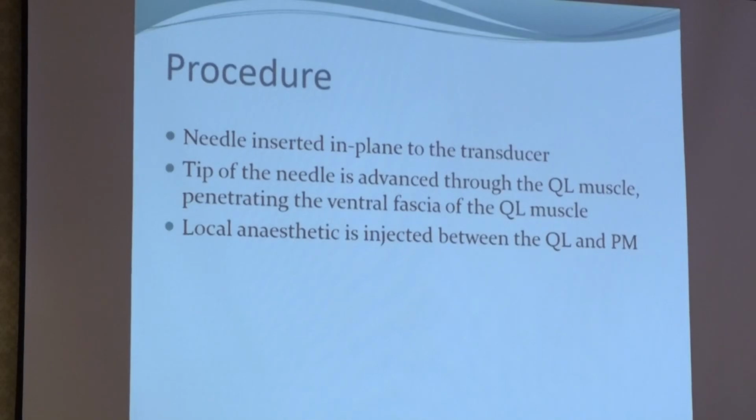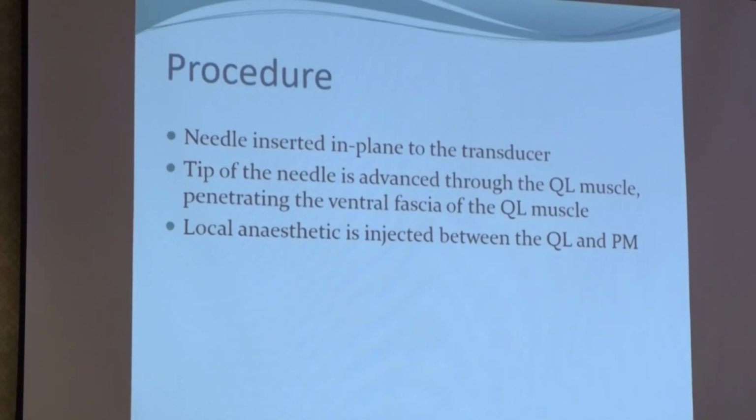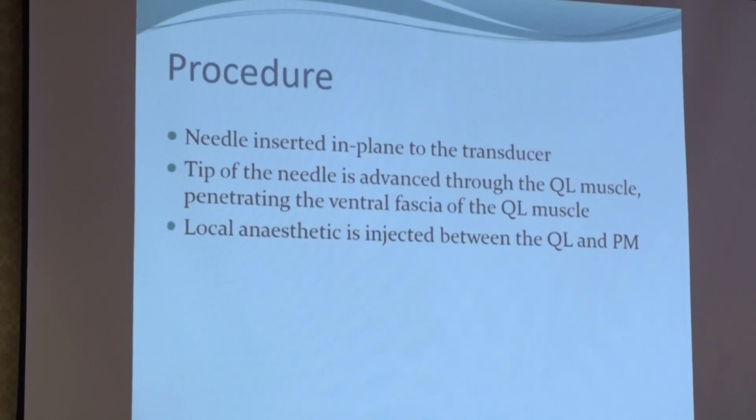The needle is inserted in plane. The tip of the needle is advanced through the quadratus lumborum muscle, penetrating the ventral fascia of the quadratus lumborum muscle. The LA is injected between the quadratus lumborum muscle and the psoas muscle.